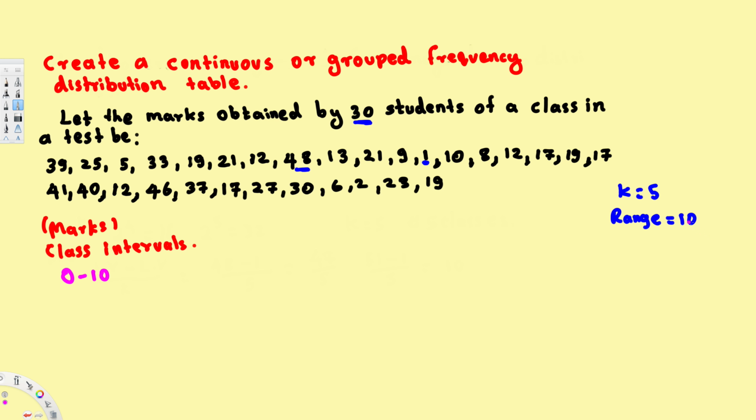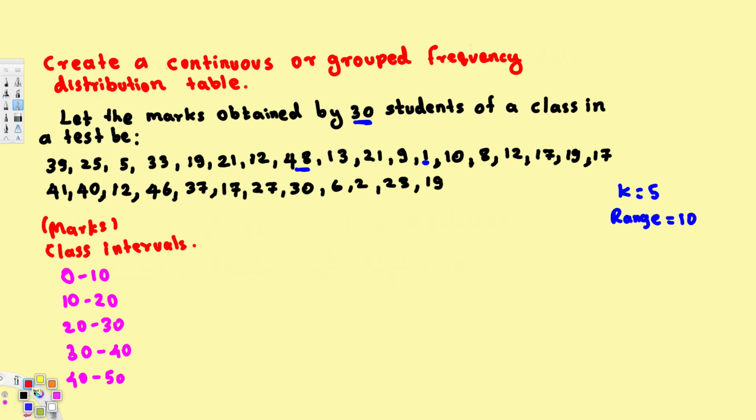Since the range is 10, we add 0 plus 10, that's going to be 0 to 10. And since we have 5 classes, we have to put 5 ranges. So this is going to be 0 to 10, then 10 to 20, then 20 to 30, then 30 to 40, then 40 to 50. So this is going to be our class range.